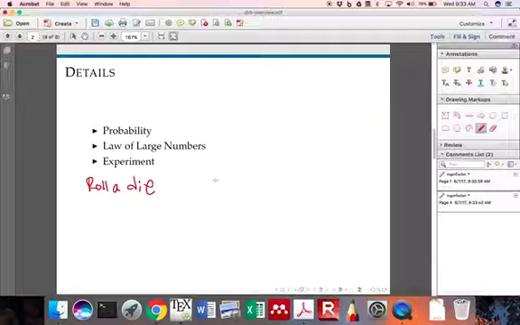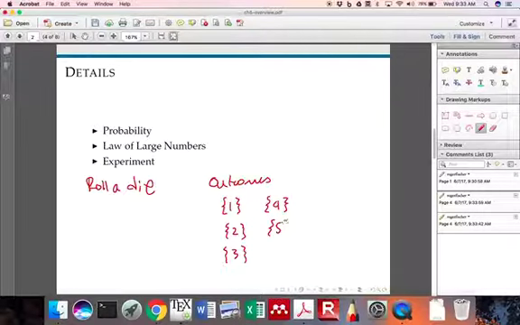So let's think about what could happen here if we roll a die. So you've got outcomes. If you roll 1 die, you could get a 1. You could get a 2, a 3, a 4, a 5, and a 6. That is the sample space.